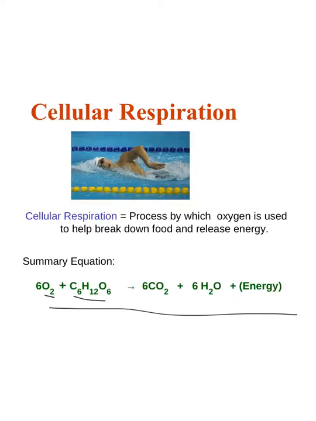The products of cellular respiration, CO2, water, and energy, are the reactants for photosynthesis. One of the chief differences is we're not talking about light energy, we're talking about chemical energy, formed in the molecule ATP, with which you are already familiar.